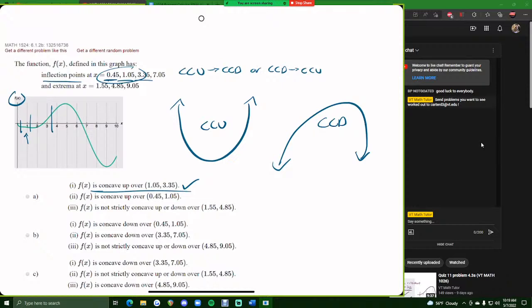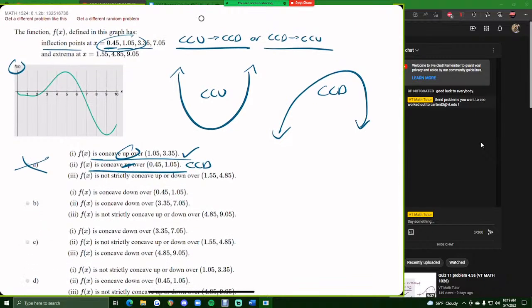However, if those are telling us where the concavity is changing, then we can't have back-to-back intervals both be concave up. That doesn't make sense. One of these must have been concave down. Specifically, this one should have been concave down. And so this makes all of A false, so we move on to option B.